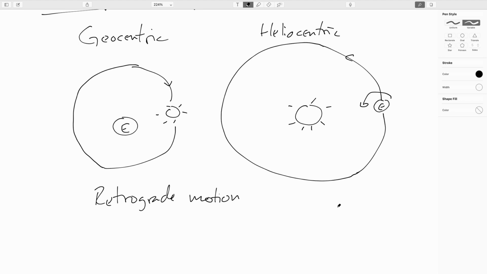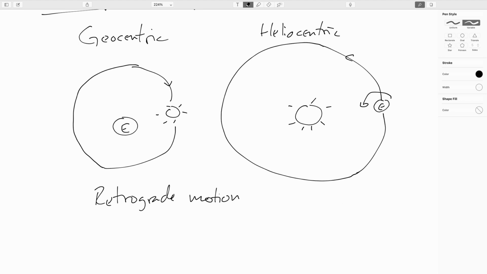And so it doesn't really matter whether you put yourself square in the center of the solar system or just a little bit off center moving around, it's going to look the same. So the geocentric model is a limiting case of the heliocentric model when you are looking at objects that are light years away. It just doesn't work as well when you're looking at things in our own backyard.